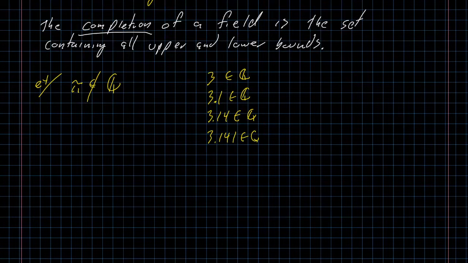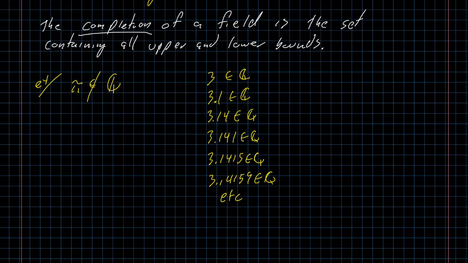3.141, 3.1415, 3.14159, and at that point, I'm going to give up. All of these things are rational numbers.